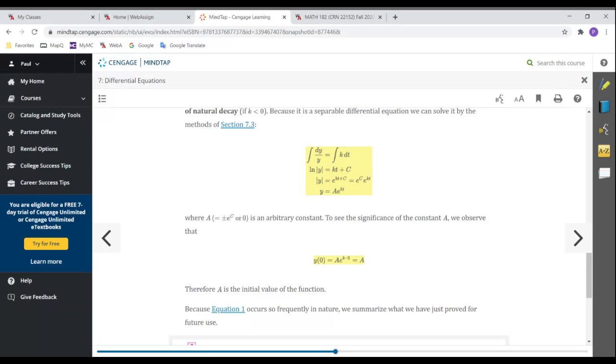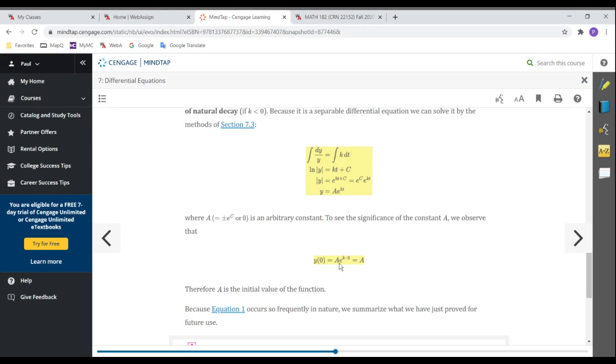It's not the k we're going to solve for. Wait, hold on. Give me a moment. Okay. So y of 0 equals a times e to the k times 0, and that equals a.